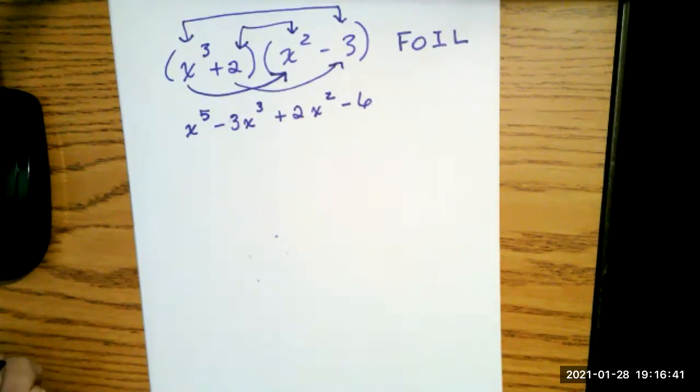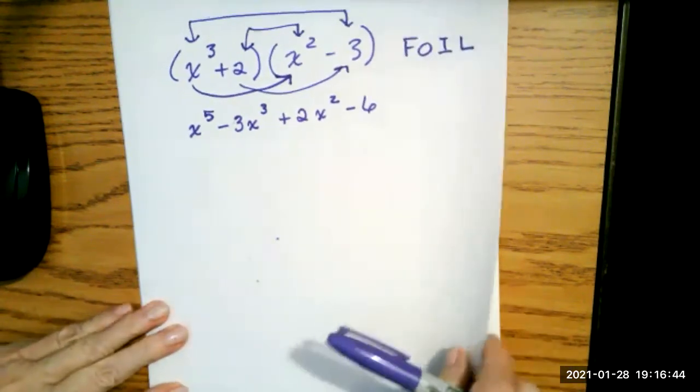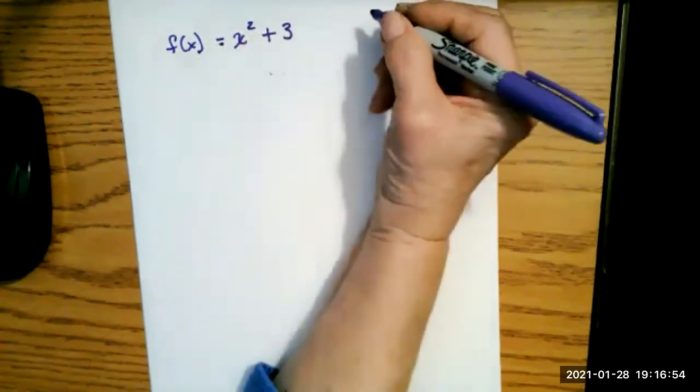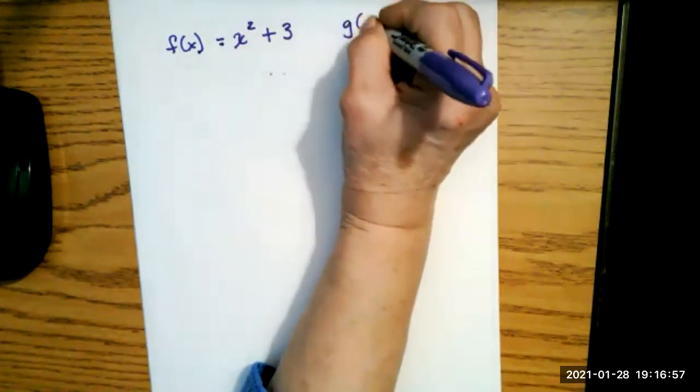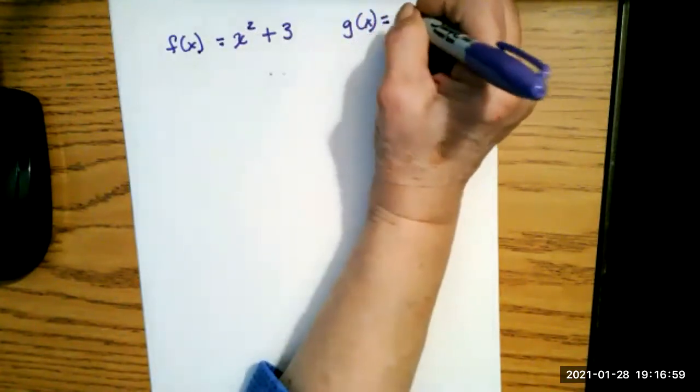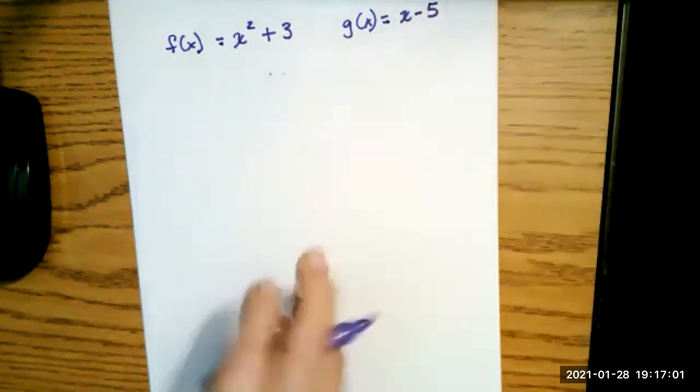Okay, let's do the same idea, but let's change to functions because our course is about functions. If you had f of x equals x squared plus 3, that's a parabola, and g of x, we have another function, equals x minus 5.